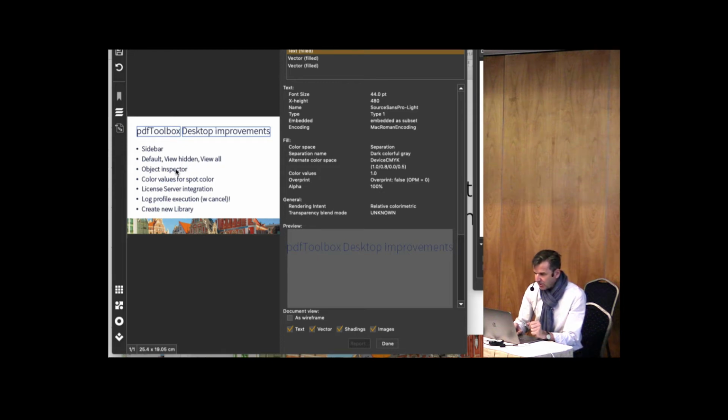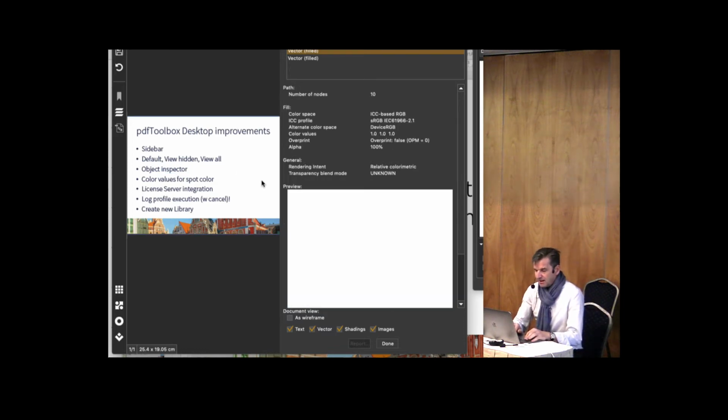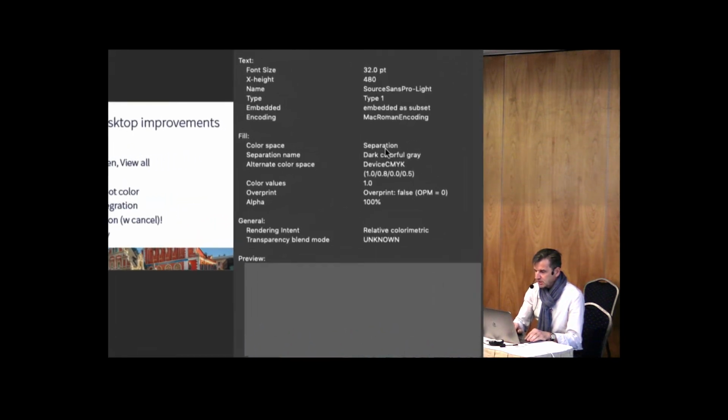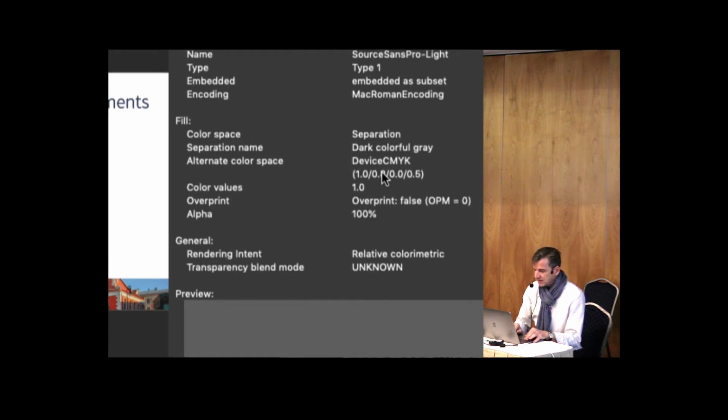And the other thing that is new, this is a detail, in the object inspector, I have this spot color here, separation, dark color for gray. What we have added, I was missing this for a long time, is the alternate color values for spot color. So that's just that you know.